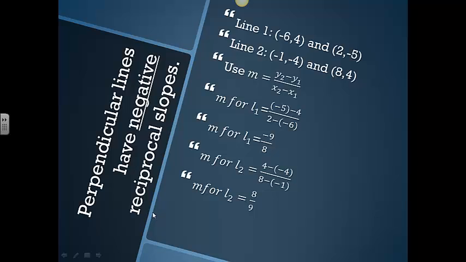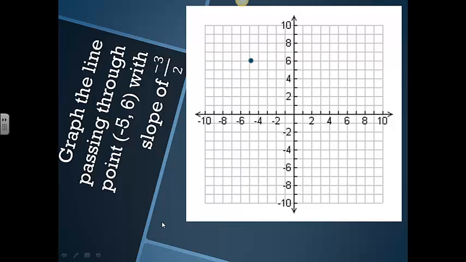I went from negative 9 over 8 to 8 over 9, so I've reciprocated that fraction. And also I've changed the sign. The slope of the first line is negative, and the slope of the second line is positive. So I have, in fact, used the negative or opposite reciprocals.